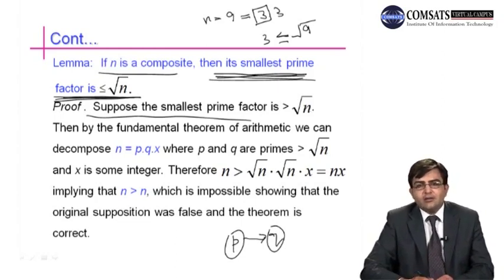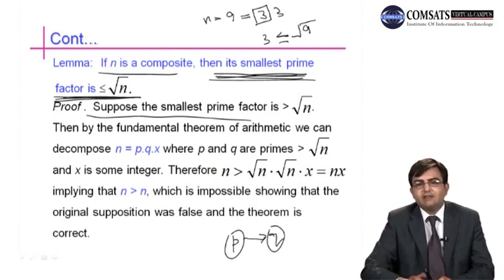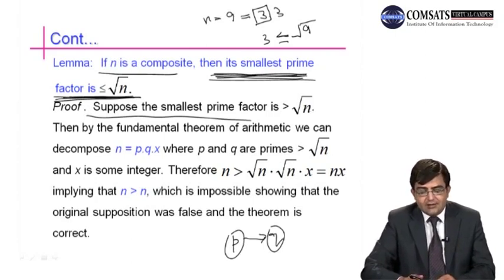Then on the basis of some definitions and mathematical identities or results, we prove that what we have supposed is a wrong supposition, and then we conclude that the statement which was supposed to be false is true. So this is the method of contradiction of proving statements, and we shall discuss it in detail in the next lectures in the topic methods of proof.